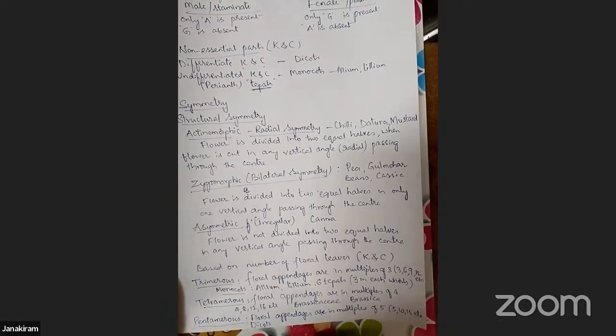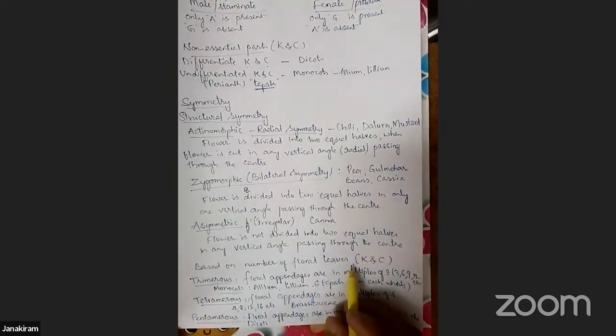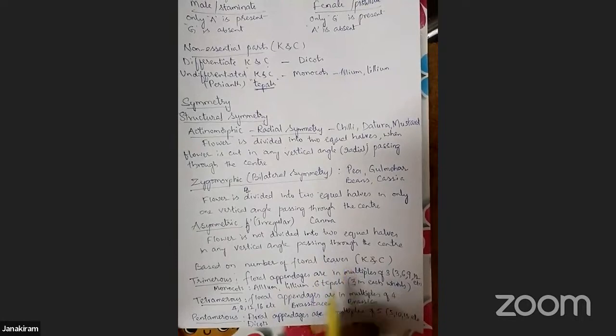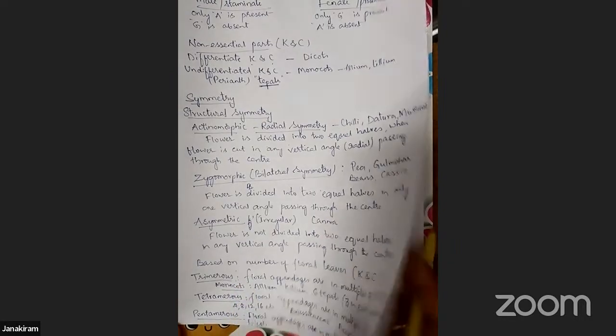All the dicots will show the pentamerous condition. Likewise, based on the number of floral appendages or number of floral leaves, the symmetry is differentiated into trimerous, tetramerous, and pentamerous conditions. Then coming to the next one.